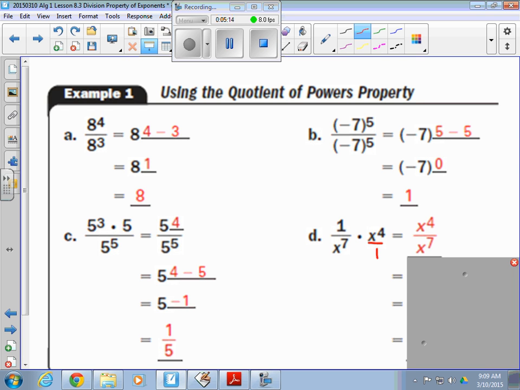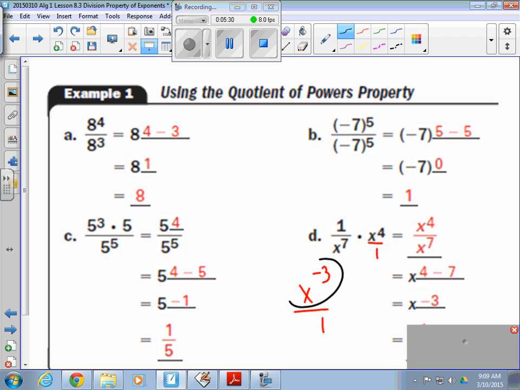Subtract the exponents 4 and 7. X to the 4 minus 7 is going to give you x to the negative third. Again, elevator rule. You can't leave a negative exponent. X to the negative third, everything's over 1. Ride the elevator down, and when it goes down, it becomes positive third. So it becomes 1 over x to the positive third.